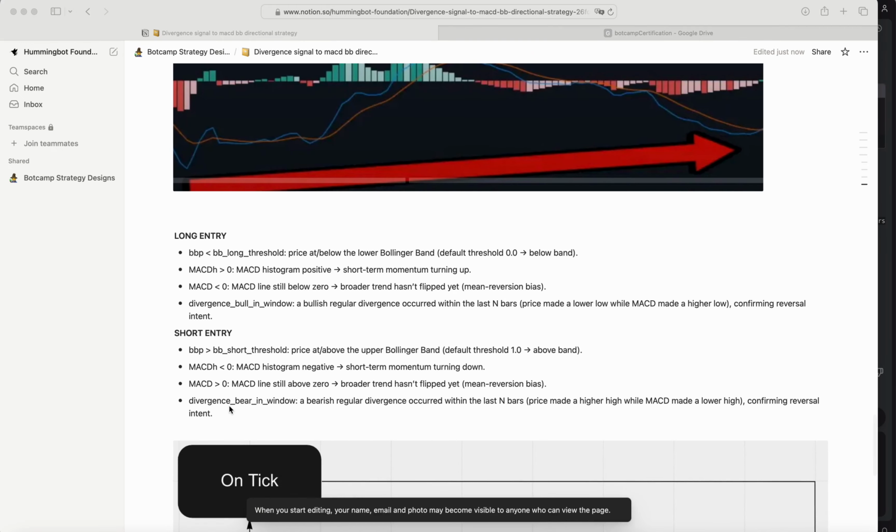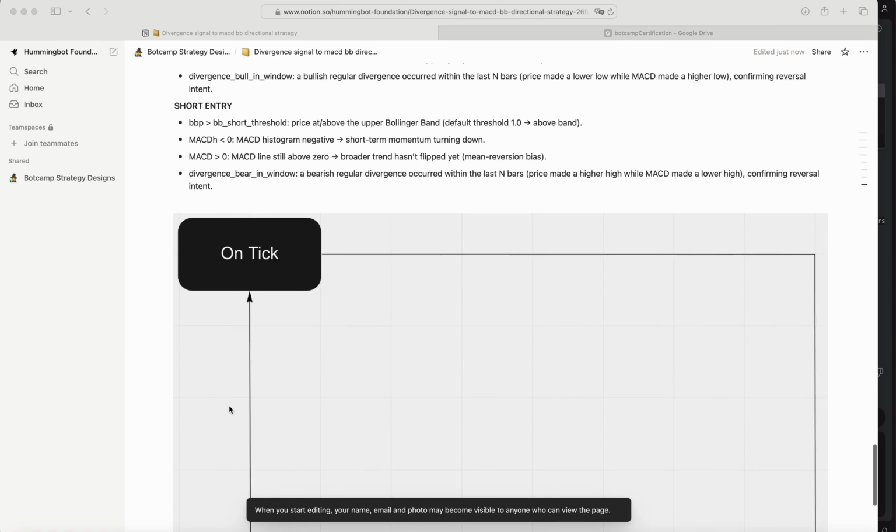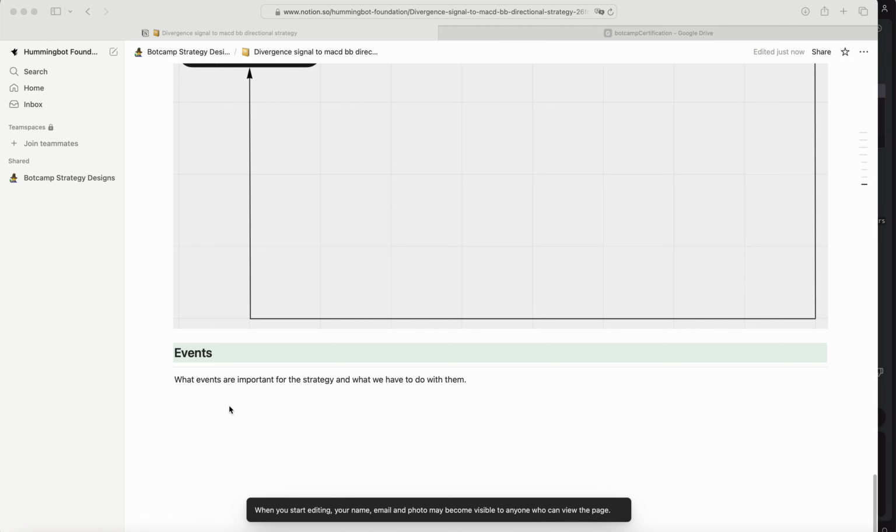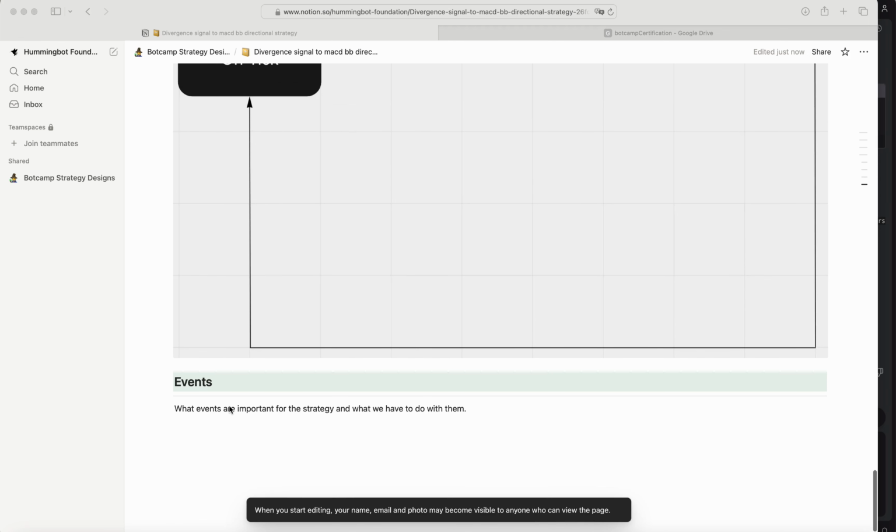For short, when the price goes above the higher threshold, the MACD histogram is less than 0, the MACD itself is positive, and we have a bearish divergence, then we go short. And we'll calculate on tick and array that. So we won't be using events.